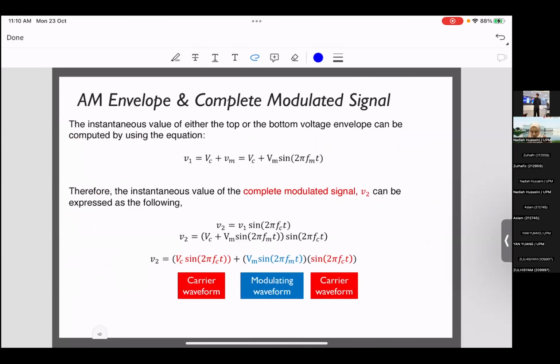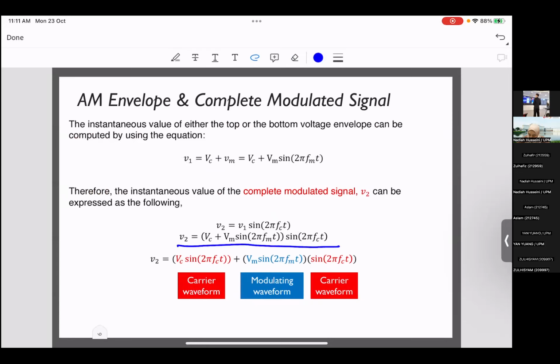Okay, moving on. And then we talked about the equation that makes up the instantaneous voltage for amplitude modulation. It consists of VC and also VM. Sorry, this was not it. Let me erase this.